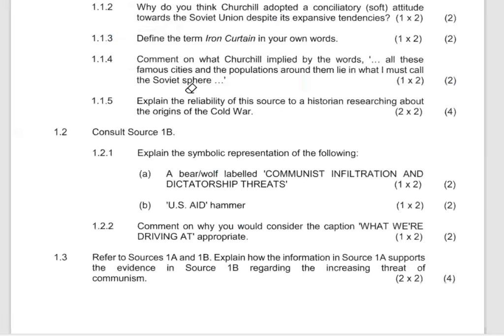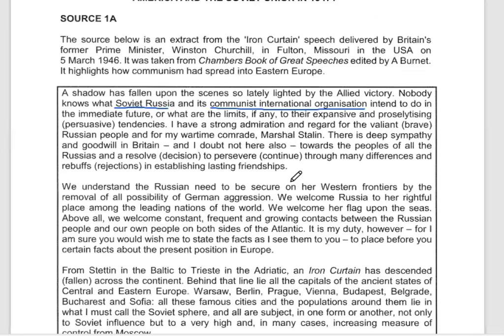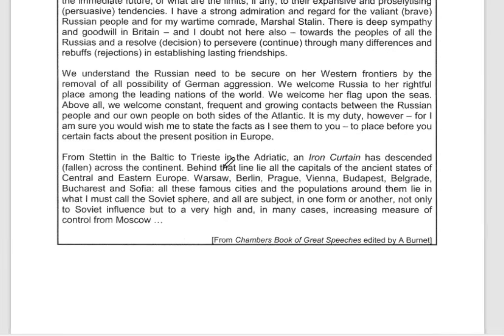Define the term iron curtain in your own words. If we check here, let's try to get the context of the term iron curtain. It says, from Stettin in the Baltic to Trieste in the Adriatic, an iron curtain has descended across the continent.